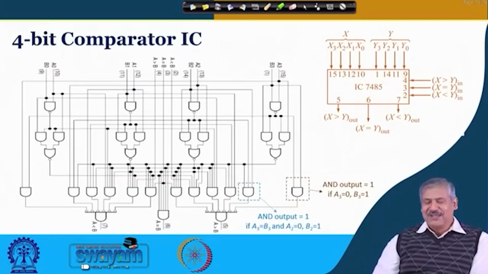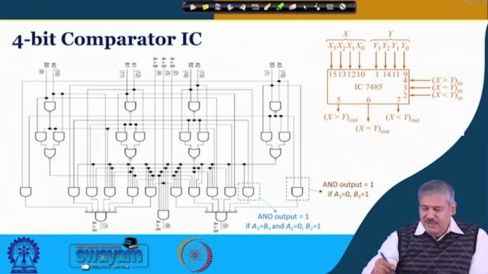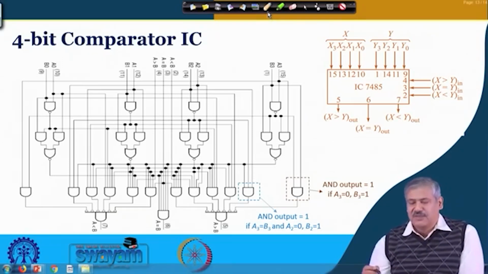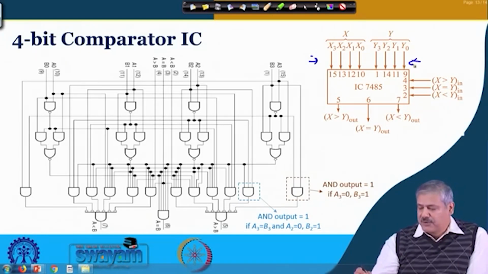Okay. Now we come to a 4-bit comparator IC, which is used in practice, right? And so this is IC 7485, and you can see what is there. This is a 4-bit comparator IC. Okay. So these are the X 4 bits and these are the Y 4 bits.